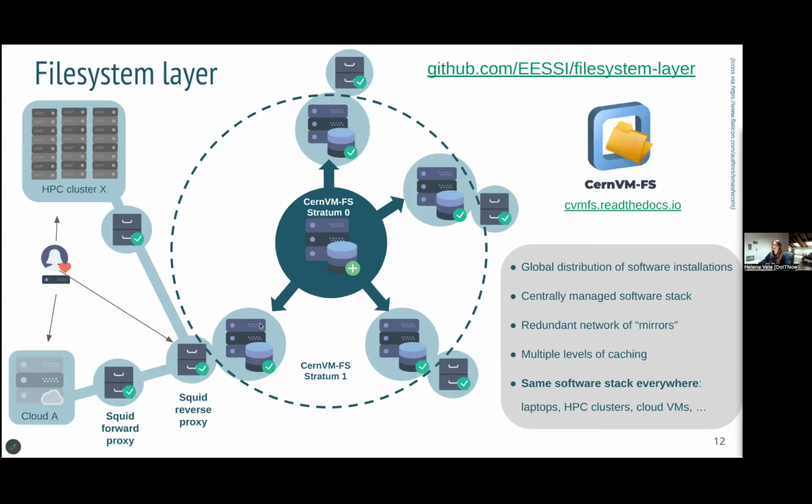But those are read-only. And finally, we have proxies to cache the data from the Stratum 1s. Usually, if somebody wants to access the repo, these proxies are the ones being poked. So this way we reduce the accesses and the reads to the Stratum 1s. And any machine with CernVM-FS installed can access this, no matter if it's a laptop, an HPC cluster, a cloud, etc. So as you see, it's the exact same data anywhere.